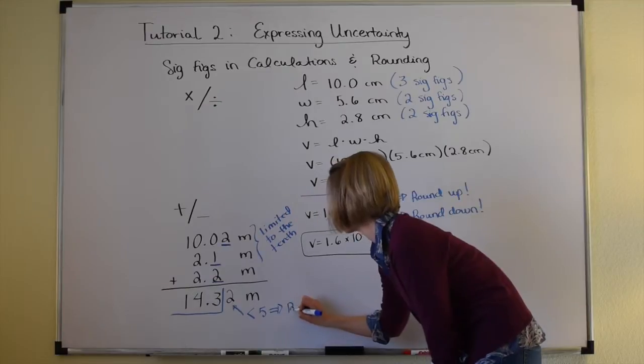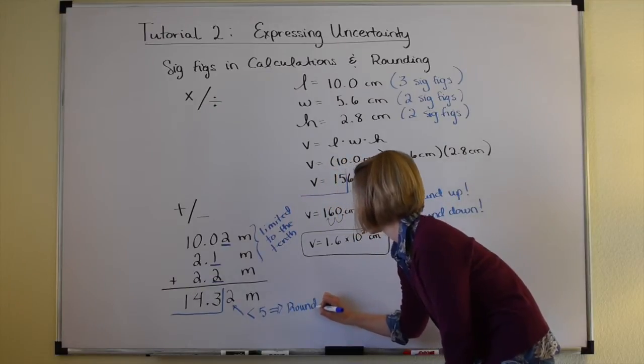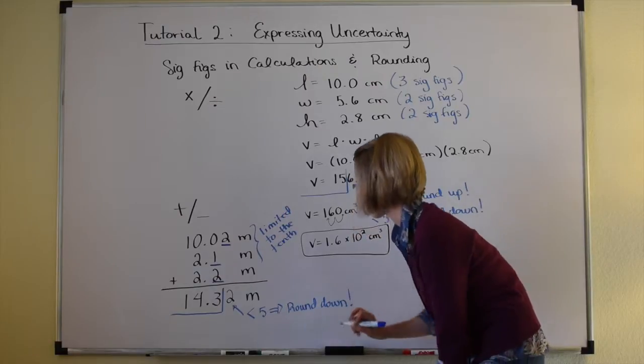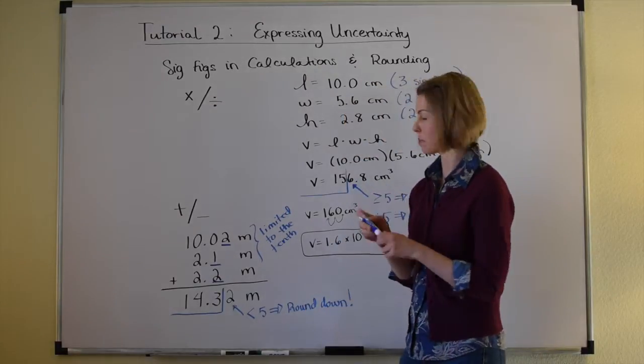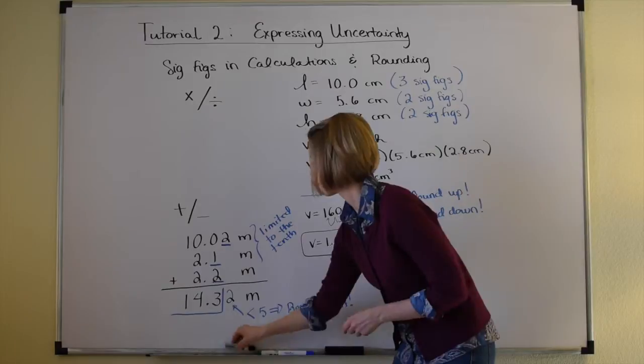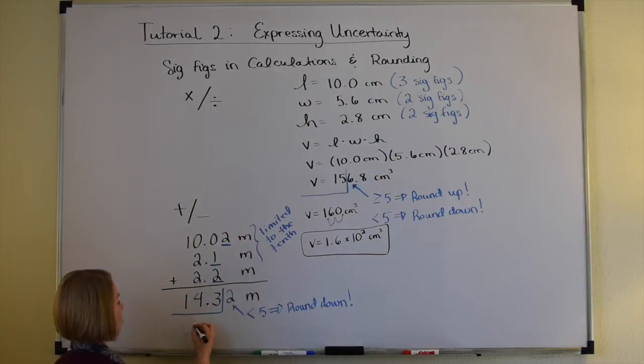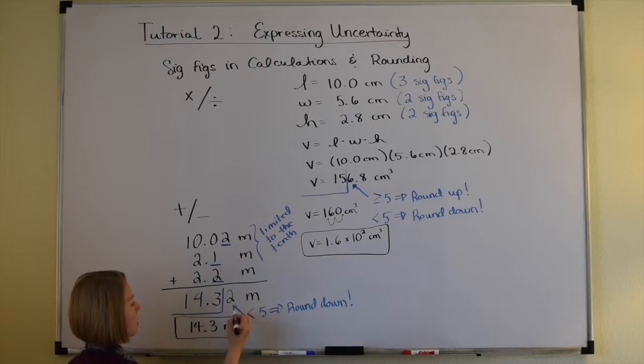So we are going to round down. Okay, so our final answer, let's go back to the black pen here. Our final answer will be 14.3 meters, and I'll circle that. Okay.